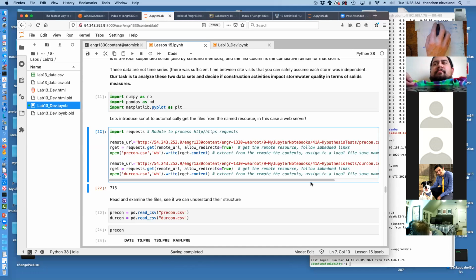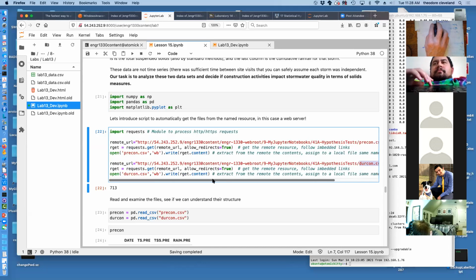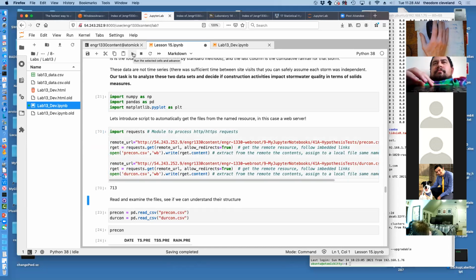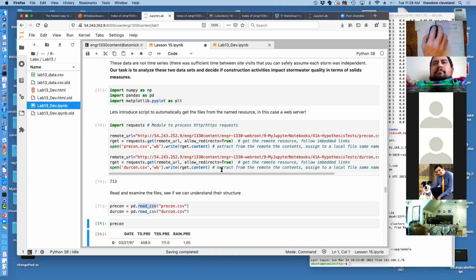Then I'm going to do it again with the duracon.csv. So let me go ahead and download the files to my notebook. Done. So that was way easier than going to a remote directory, right-clicking, downloading, and getting it in the right place. Let's read the files. I'm using pandas to read the two files. And so now I've read them.